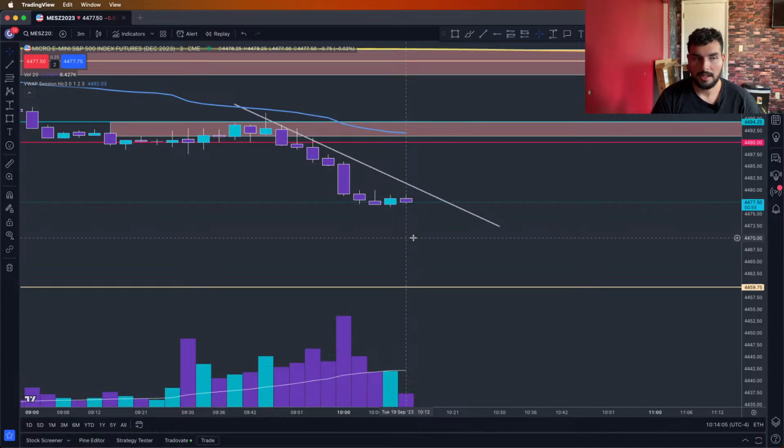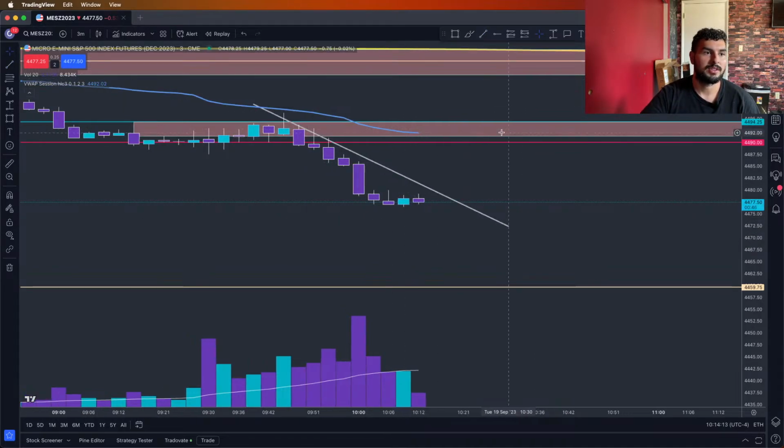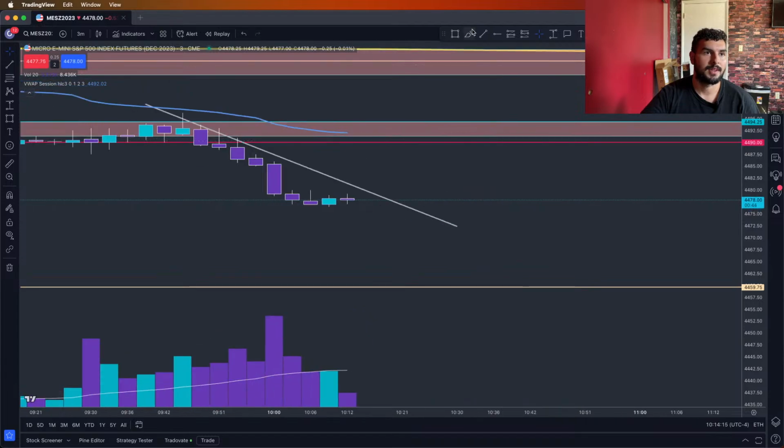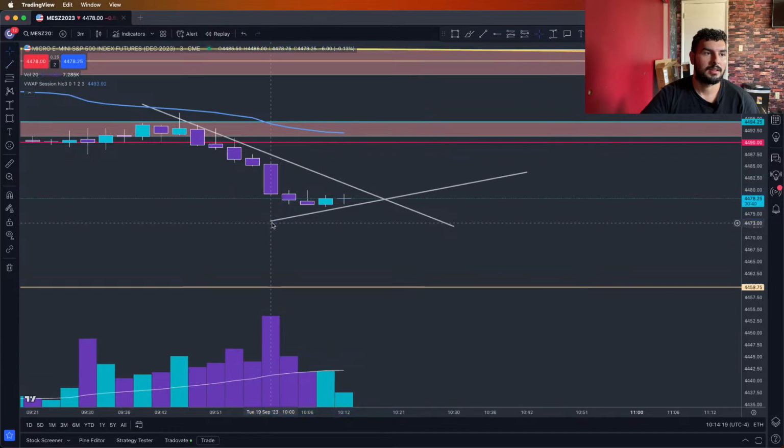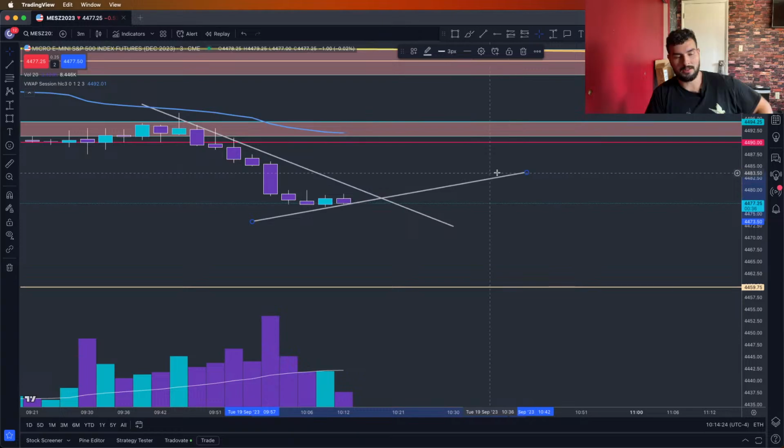Something like this. I don't really see it forming just yet, but it'll be something like that. Could change. It's way too early to look at the structure.